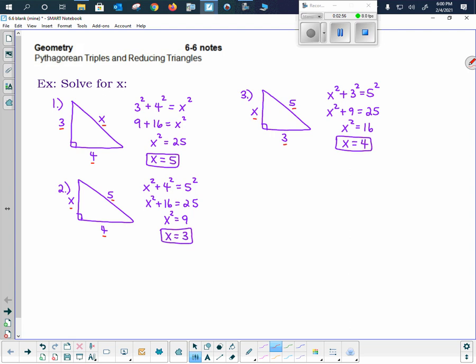Our answer for x was 4. So what are you noticing? Hope you're noticing that 3, 4, and 5 always go together, provided it makes sense for the picture, right? Thinking about the hypotenuse, the longest side has to be on the hypotenuse.